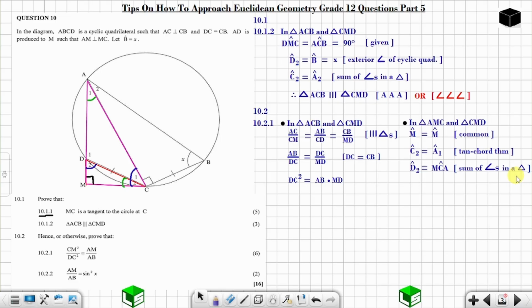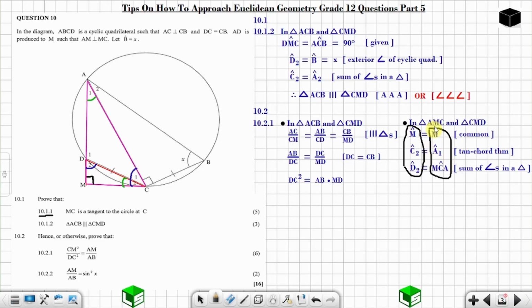So you have MCD from one triangle, and you have MAC, angle C, from another triangle.